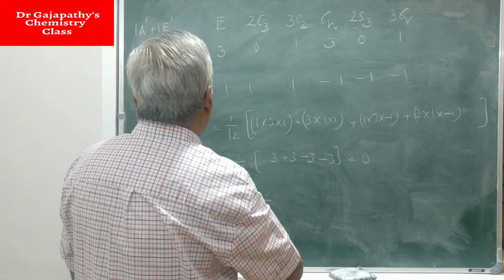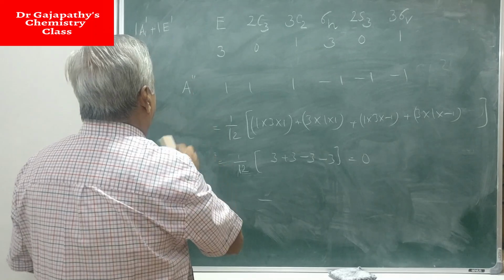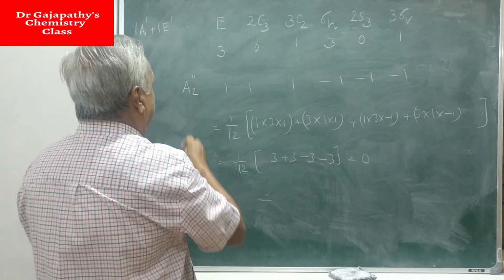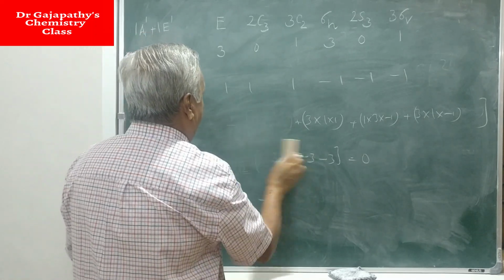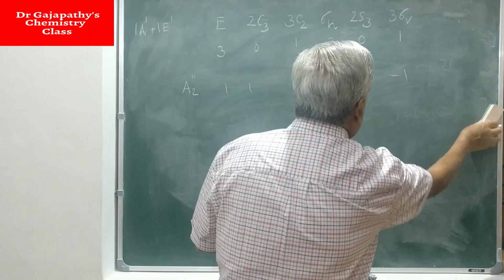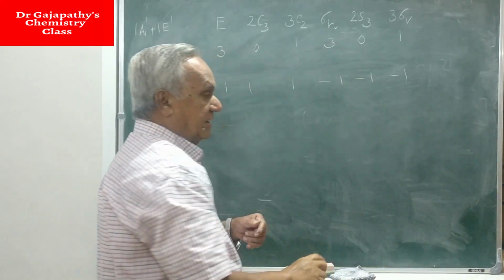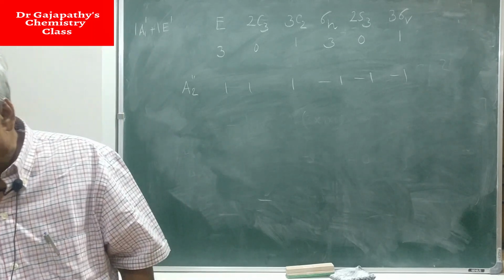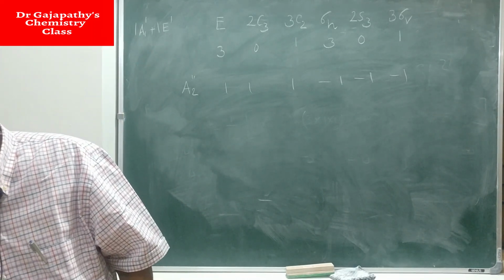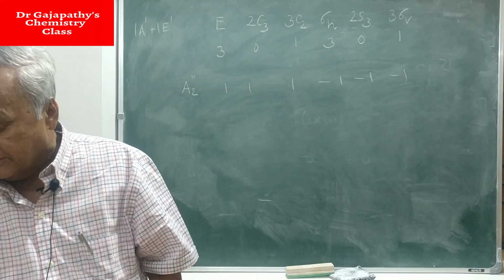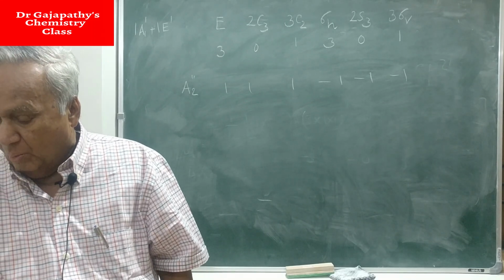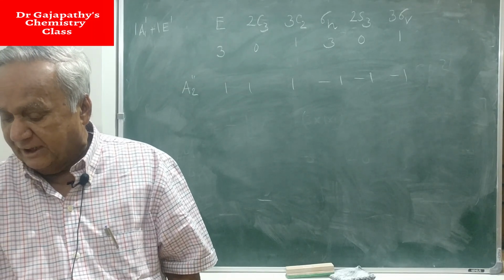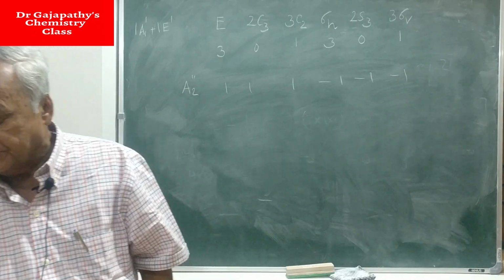Let me find out how many A2 double primes are there. Look at the D3h character table and find out what the characters for A2 double prime are. For A2 double prime, the characters are 1, 1, minus 1, minus 1, minus 1, 1.